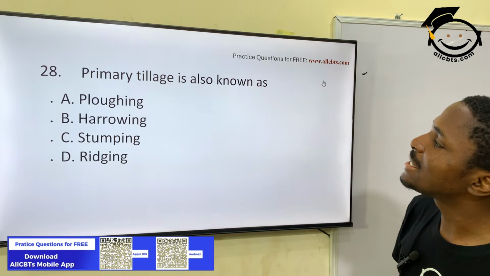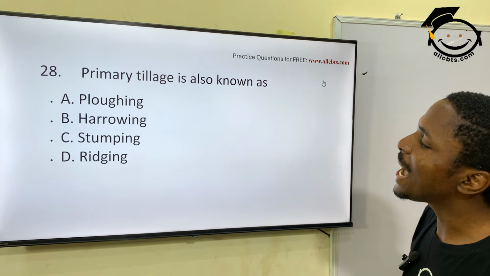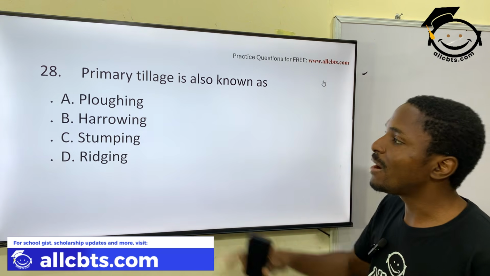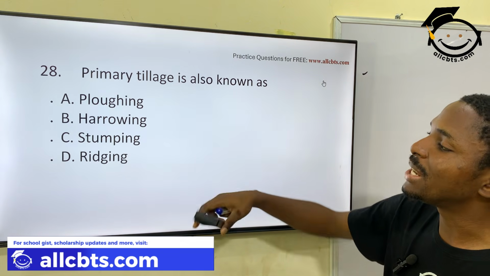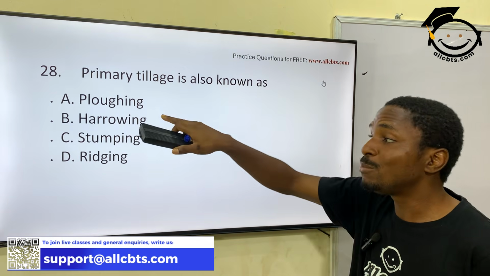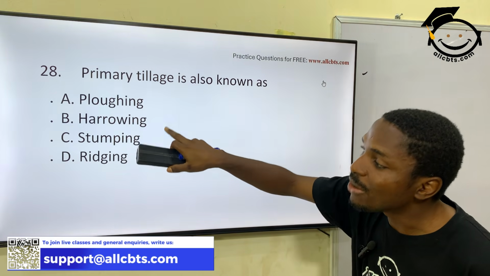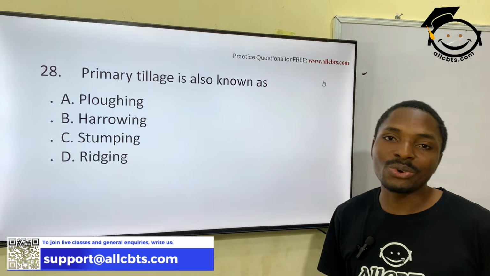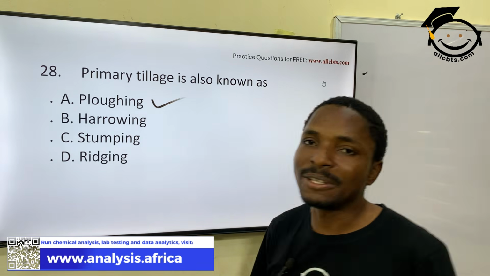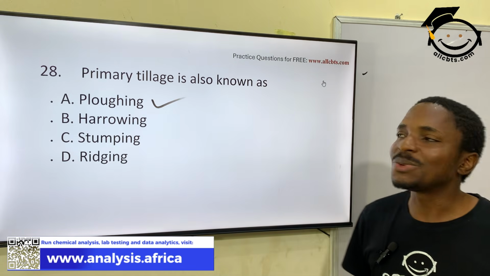Then question 28. Primary tillage is also known as dash. You have plowing, harrowing, stumping, and ridging. It's plowing. All others are secondaries. After you plow the soil, you now begin to harrow the soil, stump the soil, and ridge the soil. So the major primary tillage is plowing. Okay, and then 29.